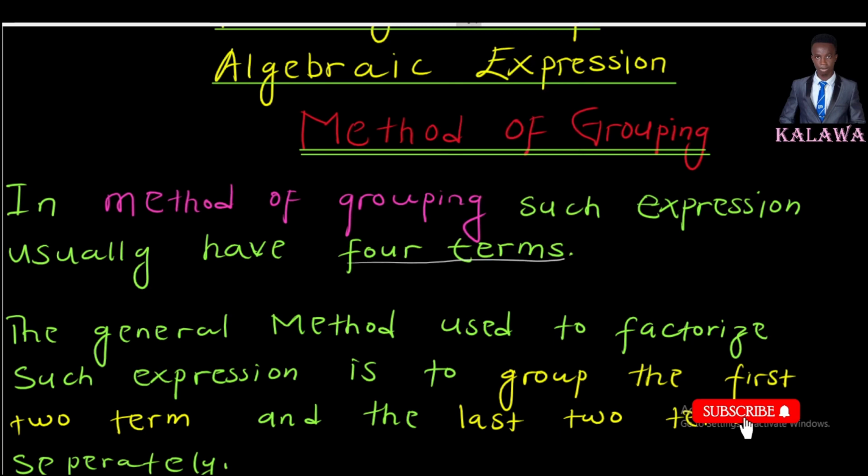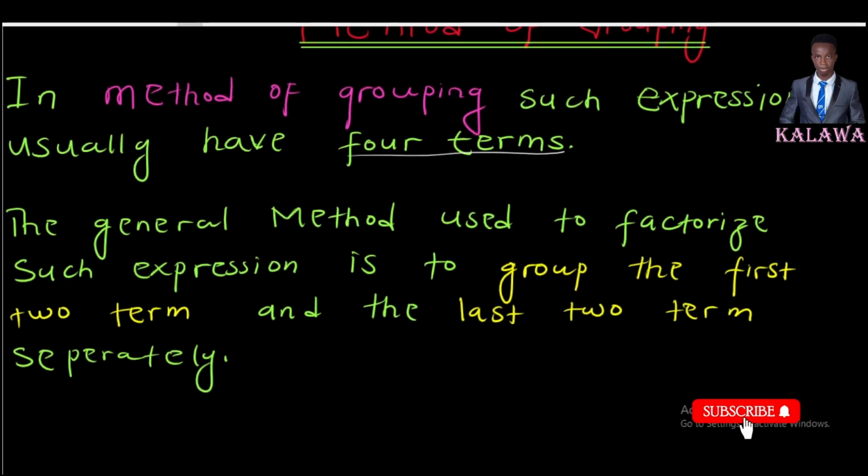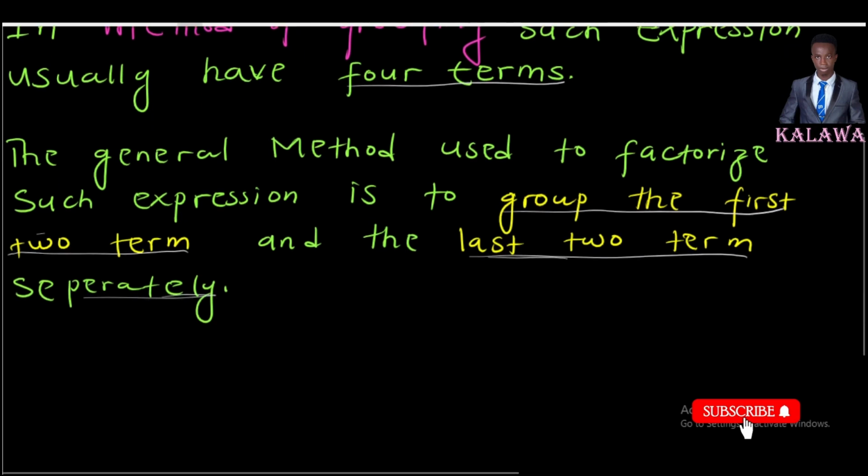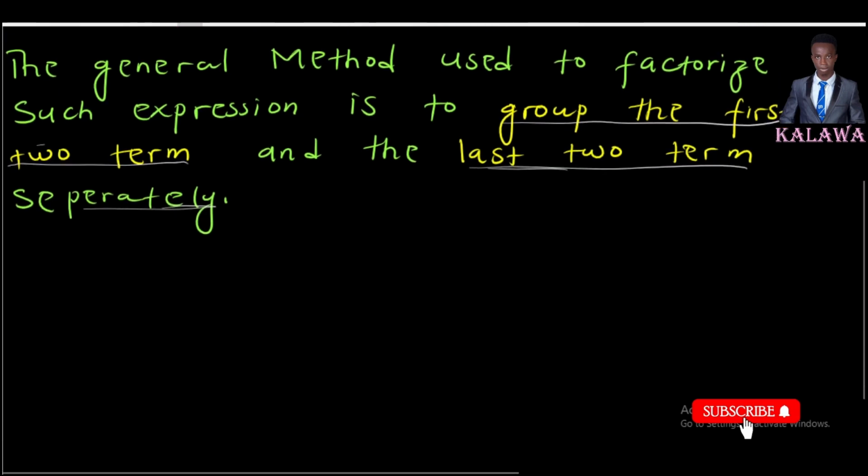The general method used to factorize such an expression is to group the first two terms and the last two terms separately. Method of grouping is mostly used for expressions that have four terms. So let's take an example for you to see.